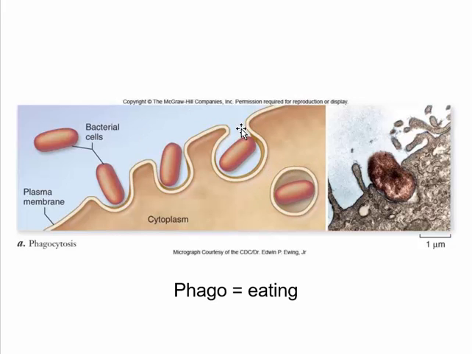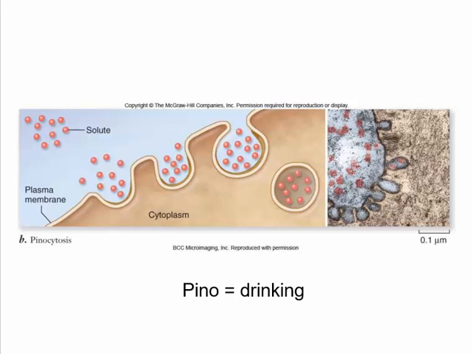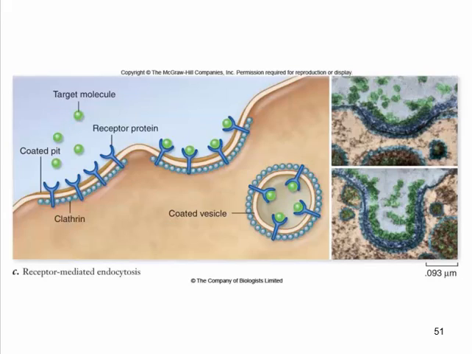So it is taken up, and whatever liquid was outside the cell with this bacterium is now inside here. Pinocytosis, pino means drinking, and so this is really just taking up smaller things like solute in batches, like we see here. Again, taking up these molecules, and now they're contained within this vesicle.